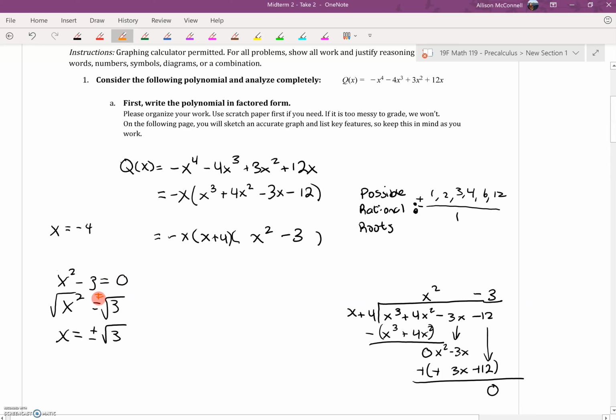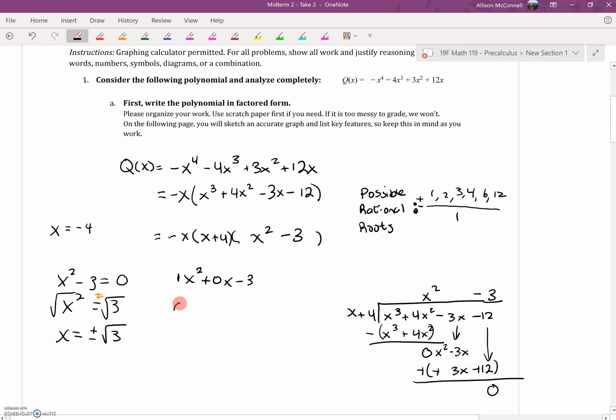The other thing that you could have done was the quadratic formula, which would be, in this case, we have x squared plus 0x minus 3. So our a term is 1, the b term is 0, and our c is -3. I had enough people mess it up.